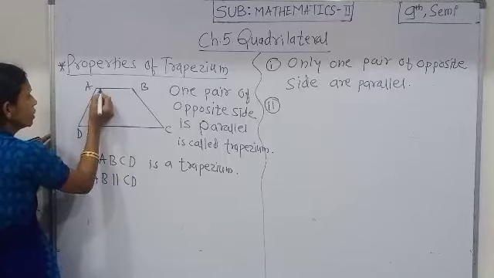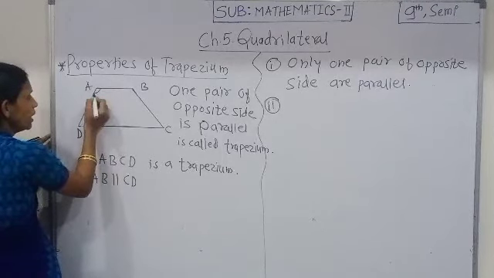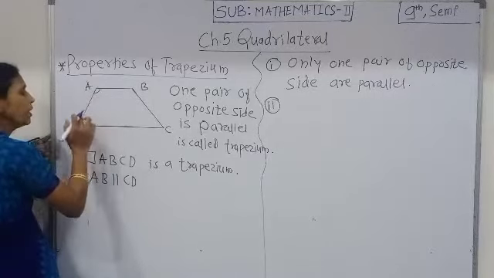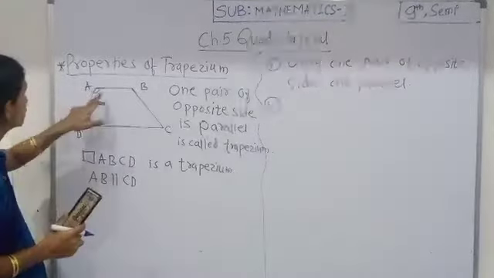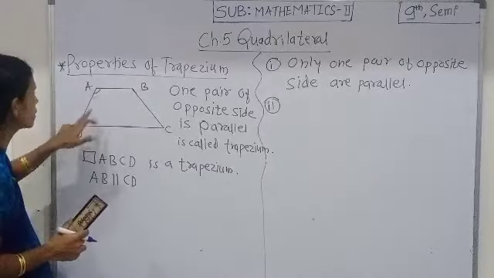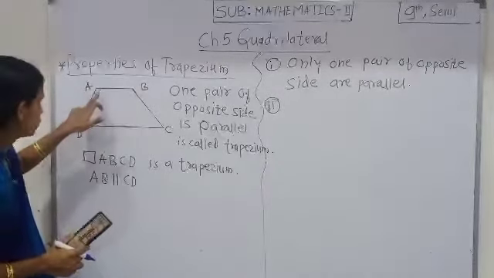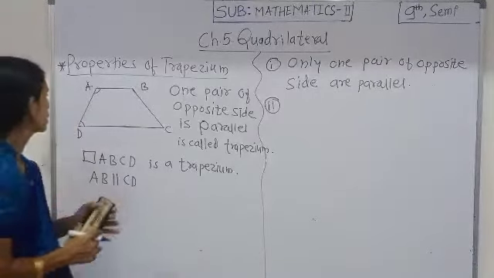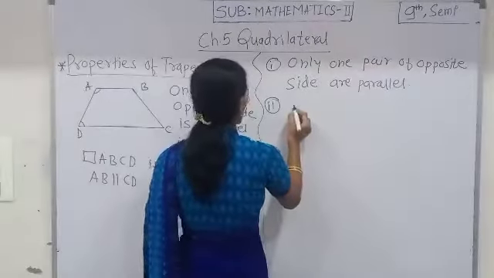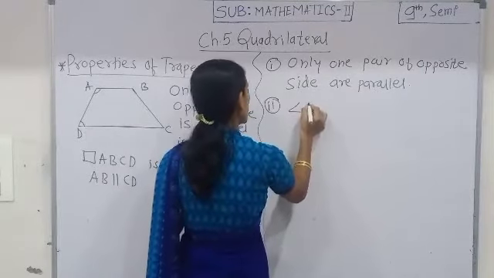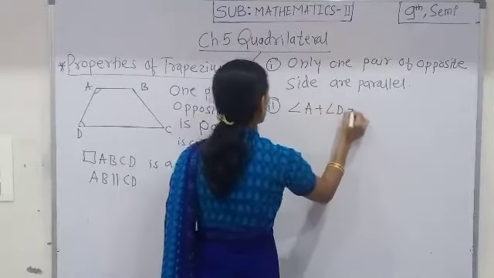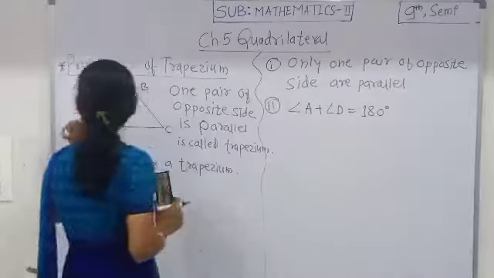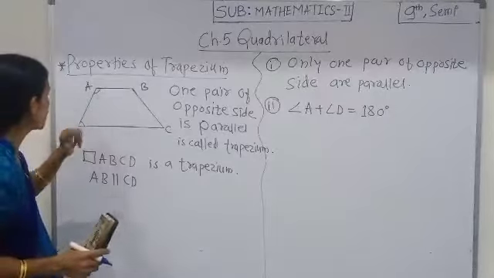Therefore angle A and angle D are interior angles, and the sum of those two angles is 180 degrees. That means angle A plus angle D is 180 degrees, so those angles are supplementary in nature.